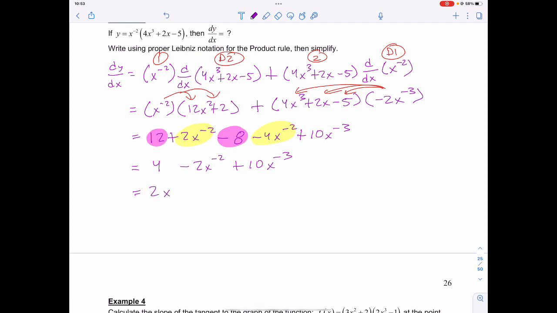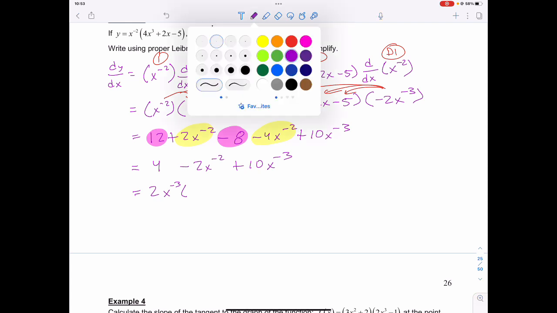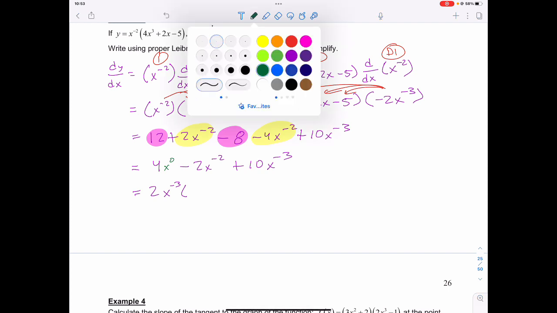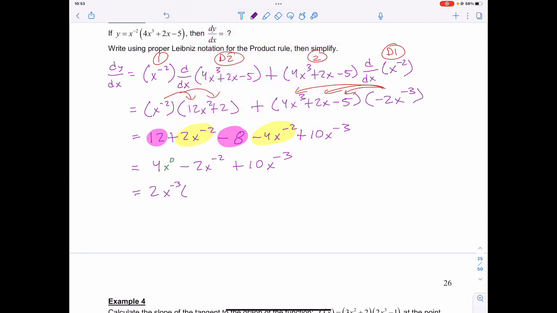I'm going to take out the x to the negative 3, and when I divide 4x to the 0 by x to the negative 3, I'm going to get 2x cubed minus x plus 5. Or, when I move that x to the negative 3 to the denominator, 2 times 2x cubed minus x plus 5, all divided by x to the power of 3.